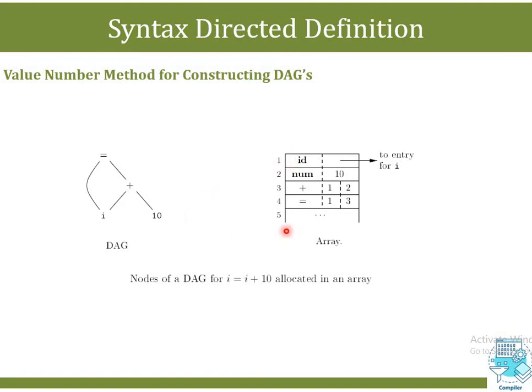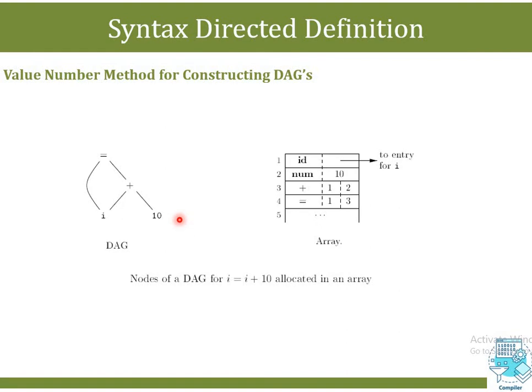Similarly, if you need the node plus i, if you want to refer to this node, then in the operator field you have 1, and in the second field you have the reference to the left side, and in the third field you have the reference to the right side.